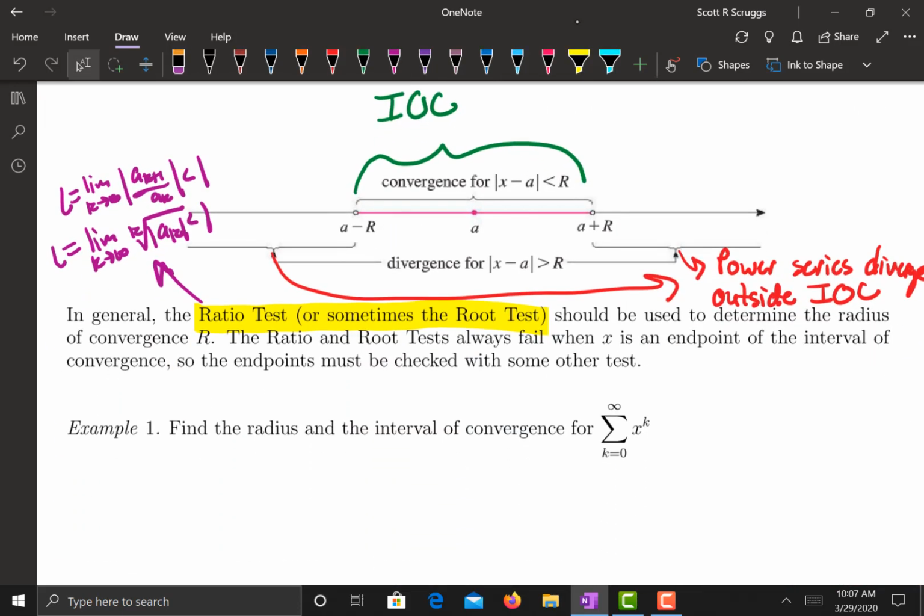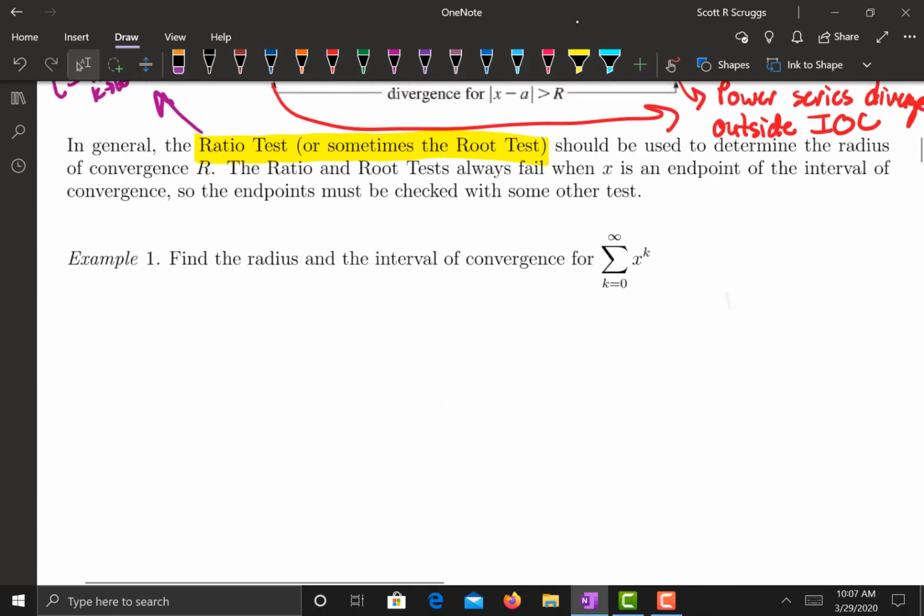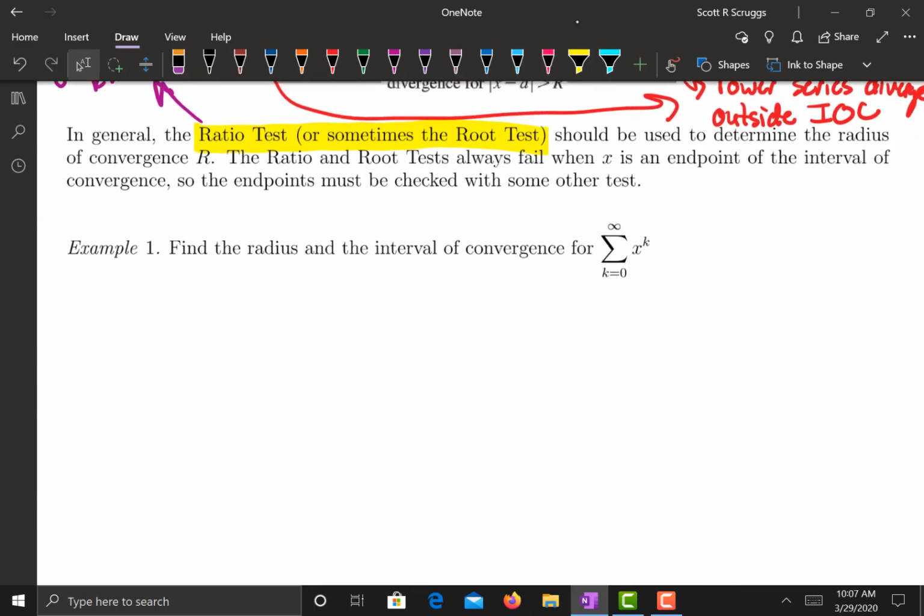So with that, let's go ahead and test it out and find the radius and interval of convergence for our first series that we talked about.